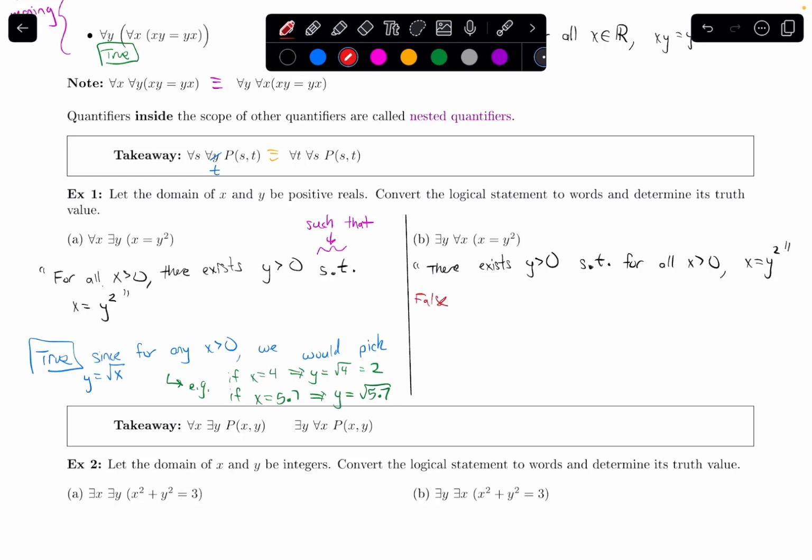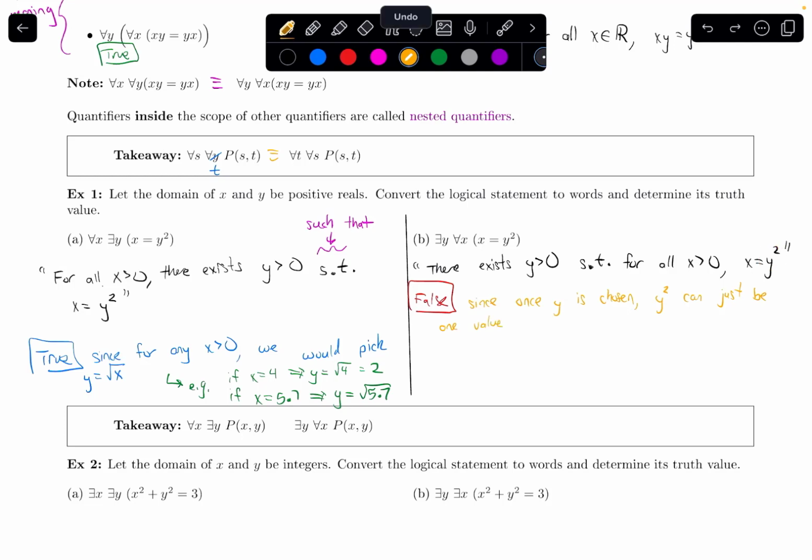And the reason for that is, once y is chosen, y squared can just be one value. So once y is picked, y squared can just be one value.